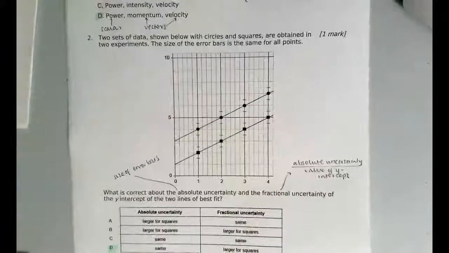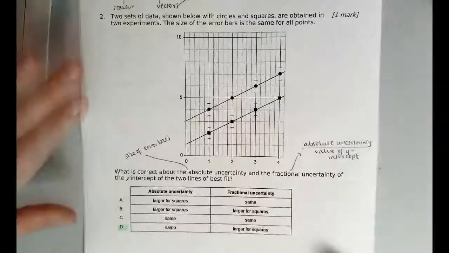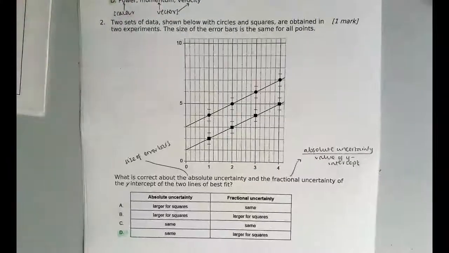In question 2, we've got 2 sets of data shown below with circles and squares. The size of the error bars are the same for all points.